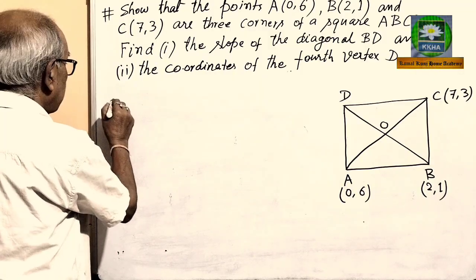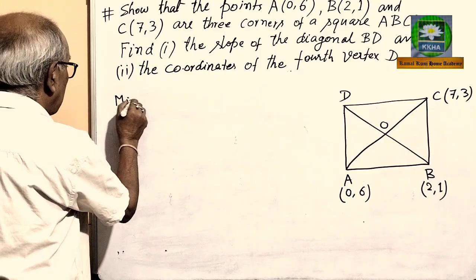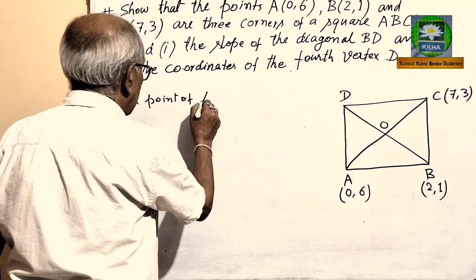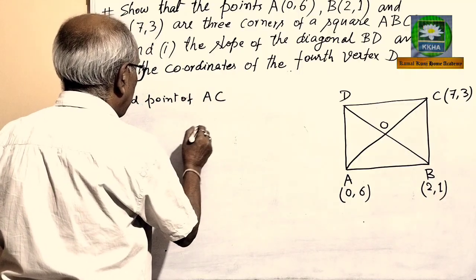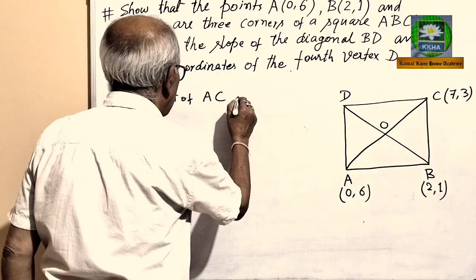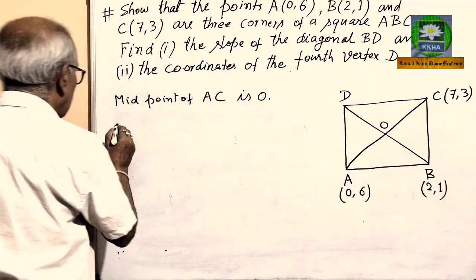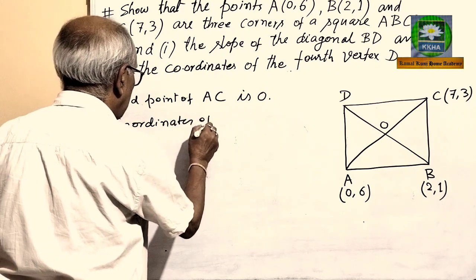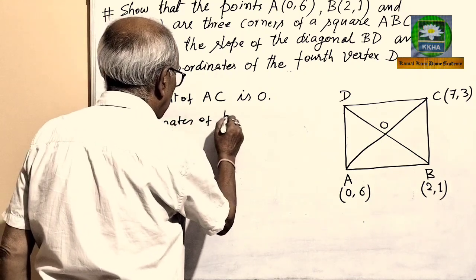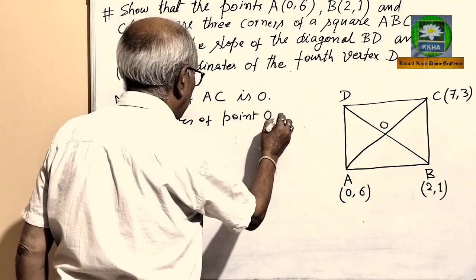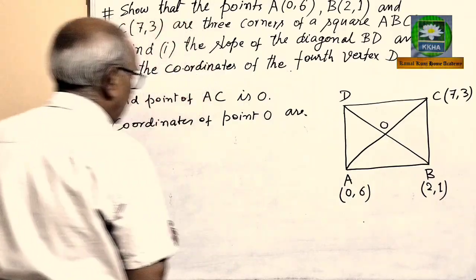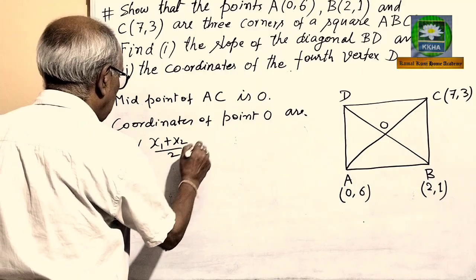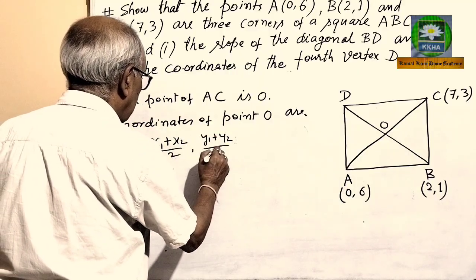Now let's find the midpoint of AC. Midpoint of diagonal AC is O. Therefore, coordinates of point O are x1 plus x2 upon 2 and y1 plus y2 upon 2.